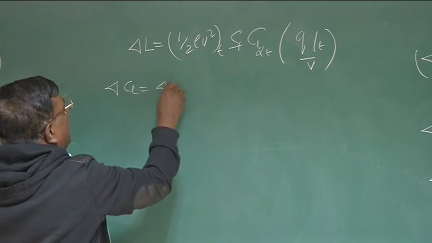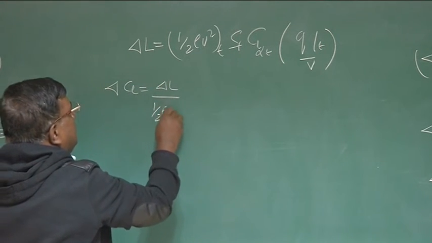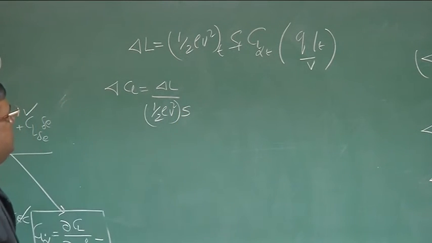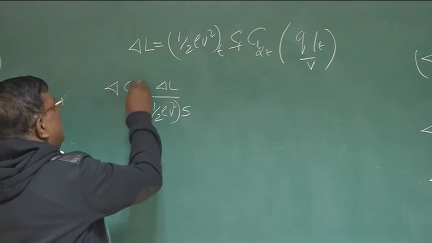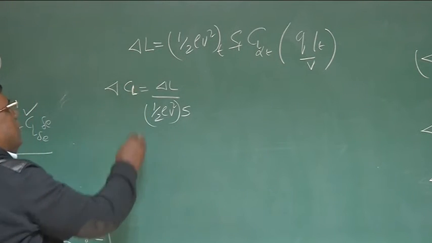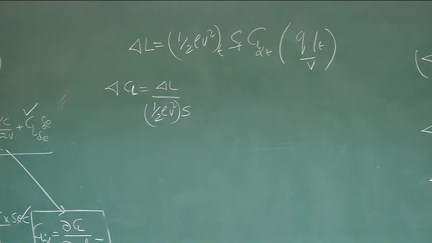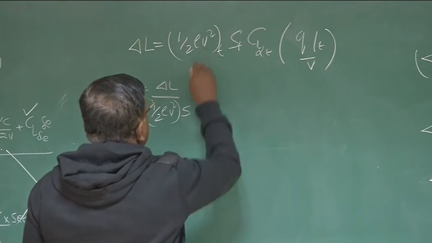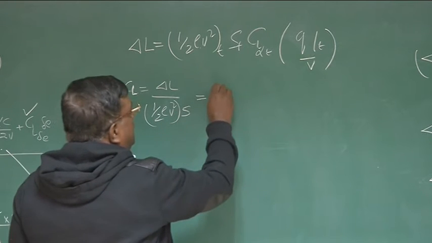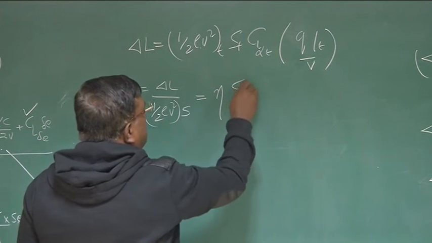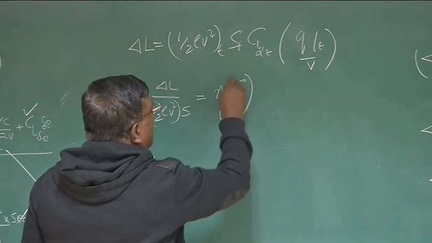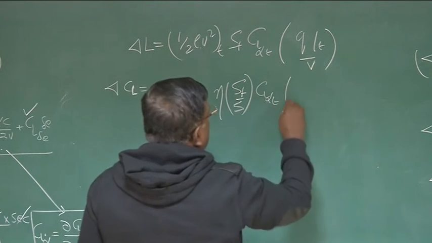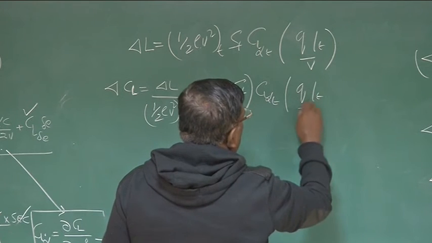It will be delta L by free stream dynamic pressure into S reference, that is delta CL, or I write delta capital CL, because small l is for rolling moment. So this will now be equal to this divided by this. You are expert. This is eta ST by S, right? CL alpha tail Q LT by V.